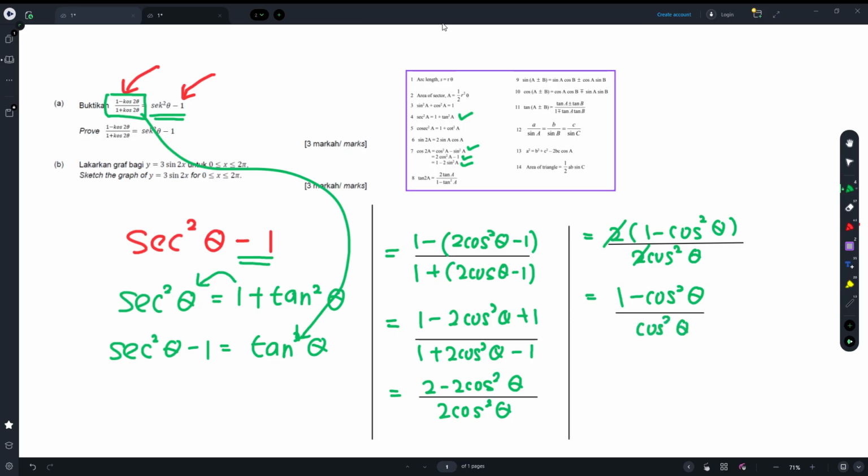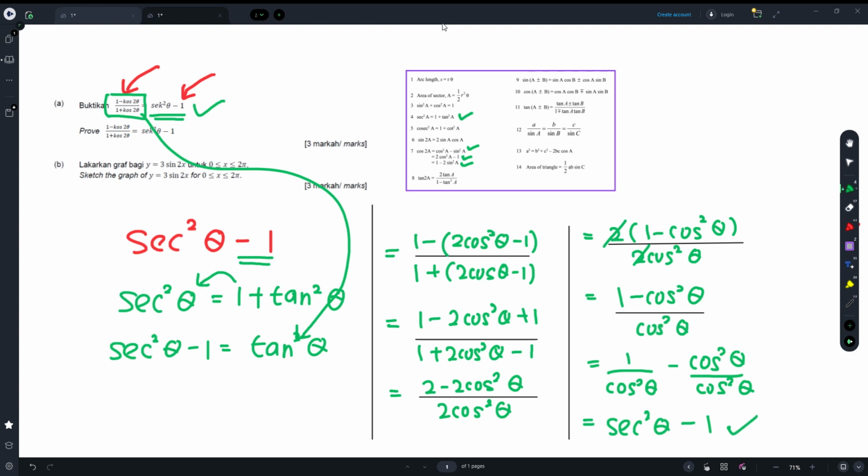Very simple. You can divide this component individually. That means it is 1 over cos square theta minus cos square theta over cos square theta. So 1 over cos square theta is secant square theta, minus 1. Is it proven? Yes, that's all.